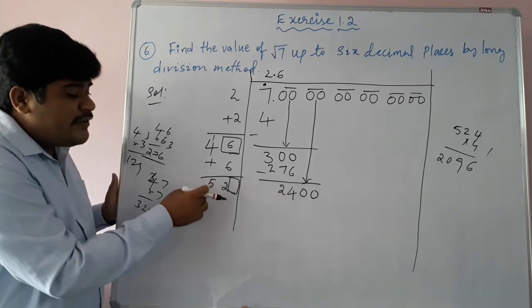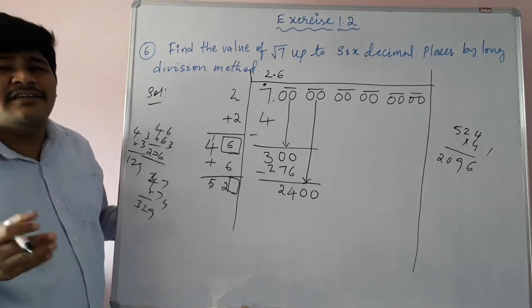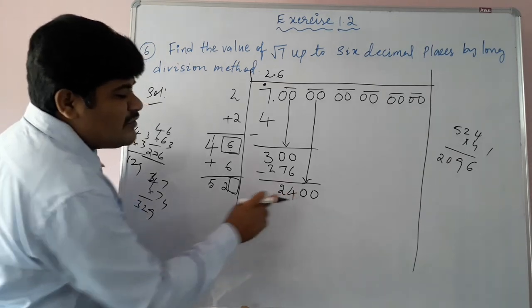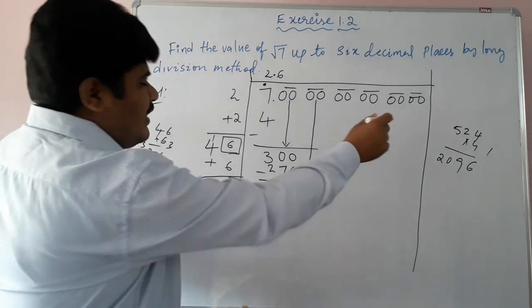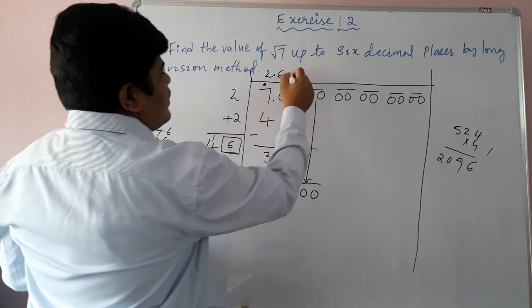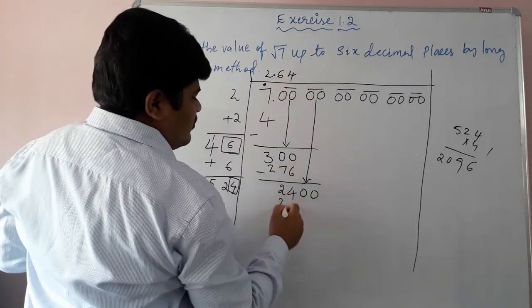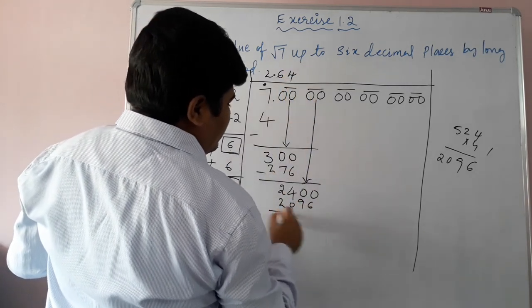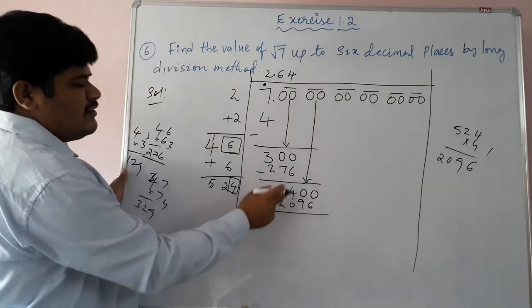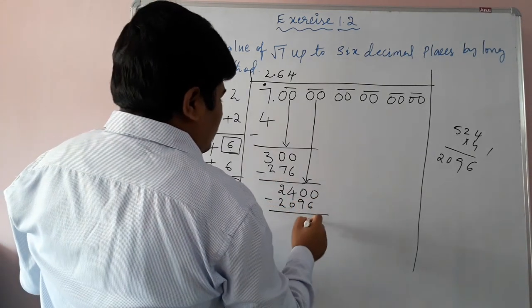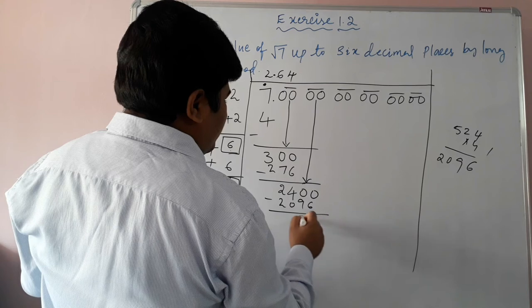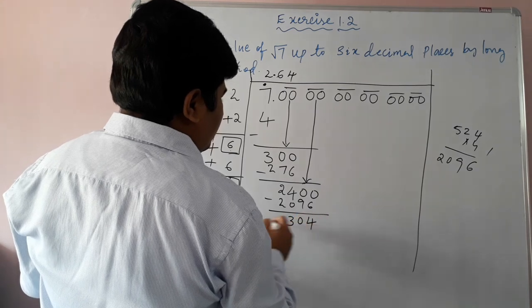So here 525 fives, if you take, definitely that will exceed 2500, but here there is only 2400. So the nearest small number is 524 fours are 2096. So we need to subtract 2096 from 2400. So that is 4 0 here.